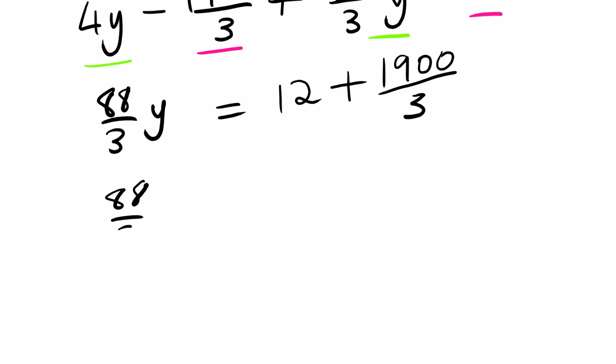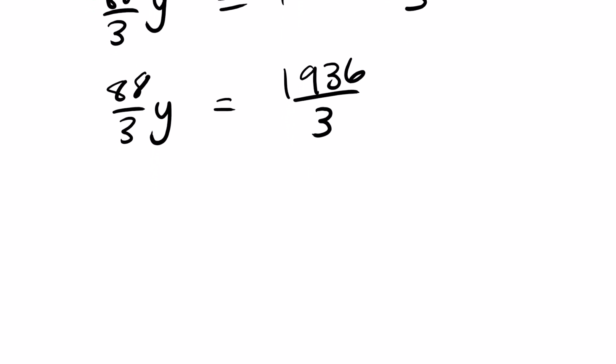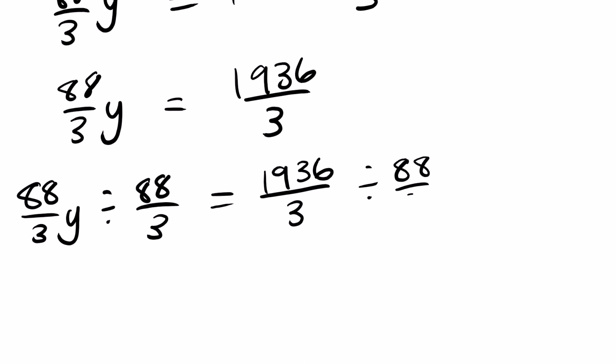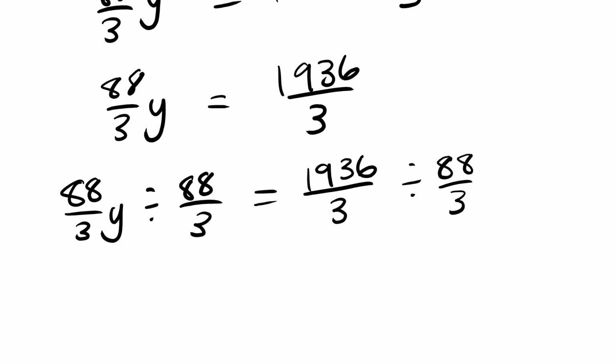So we have 88 over 3 y equals 1936 over 3. Okay, from here we can simply divide by 88 over 3, so we avoid the 3.